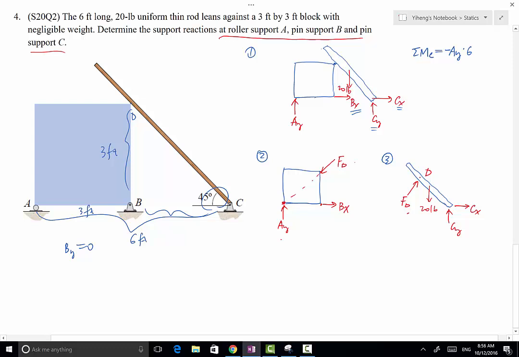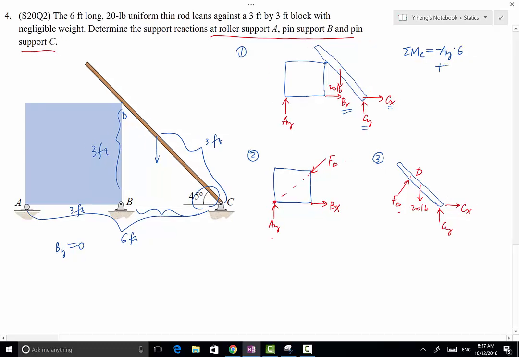And then the weight force is right here. This right here is half of 6 feet, which is also 3 feet. Therefore, the moment arm is 3 feet times cosine 45 degrees, and the moment equation equals 0. So from there, we can solve for Ay. Ay equals 7.07 pounds.